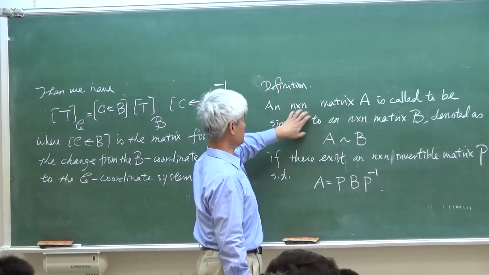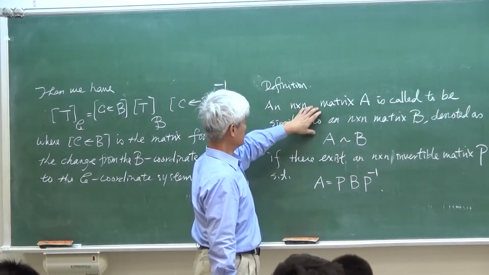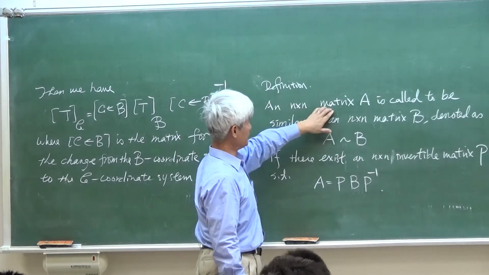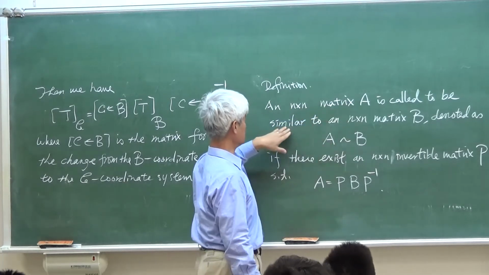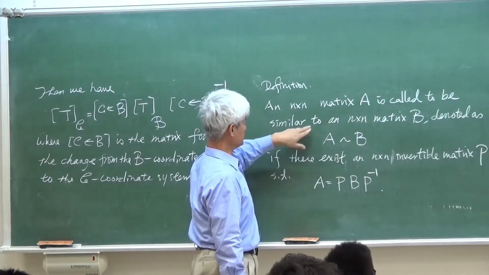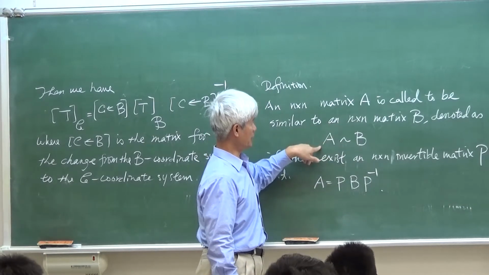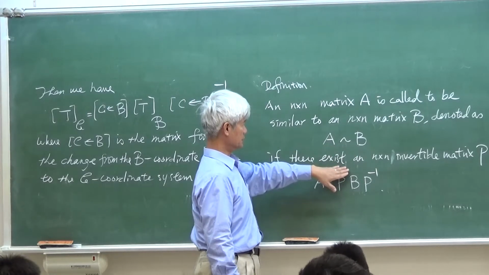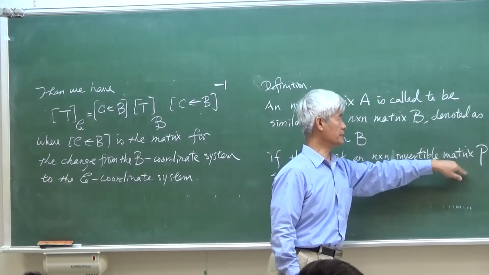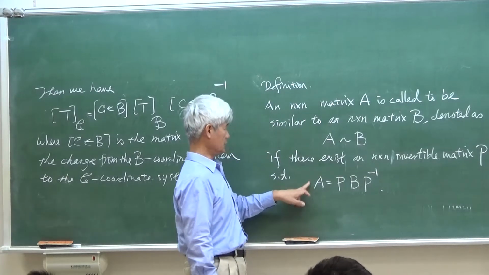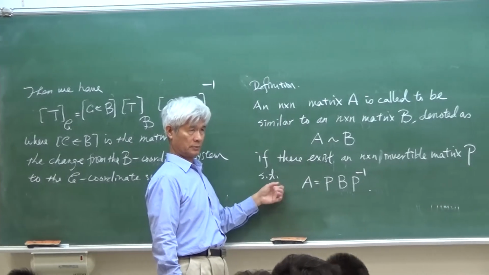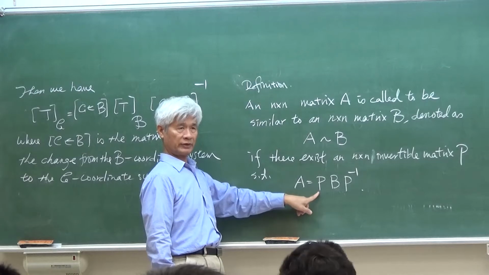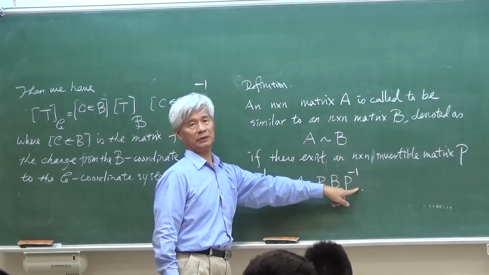Basically, an n times n matrix A is called similar to an n times n matrix B if there exists an invertible n times n matrix P such that this holds. P should be invertible, otherwise you cannot have the inverse.